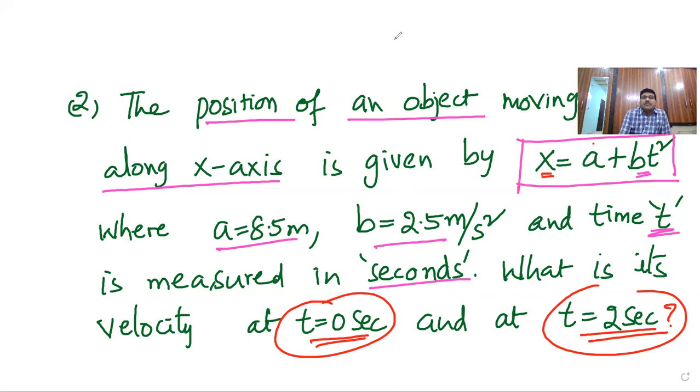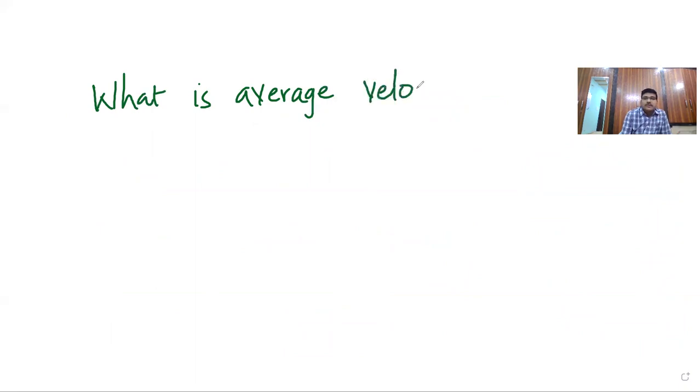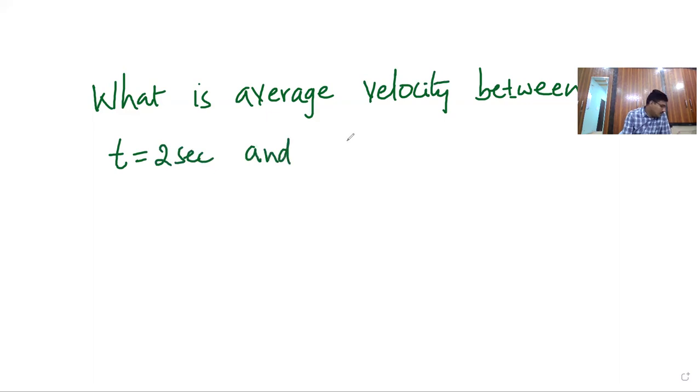The extension of this problem is also given. What is the average velocity between t is equal to 2 seconds and t is equal to 4 seconds?